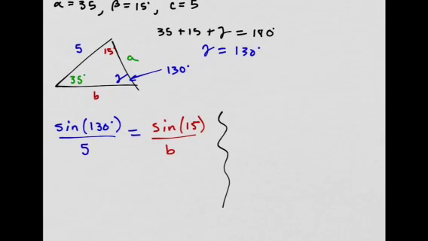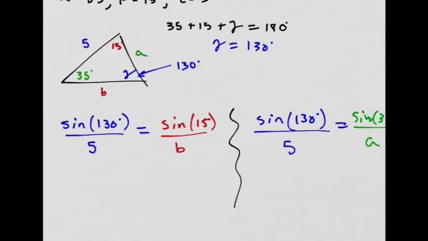And then I'm going to make another equation, sine of 130 degrees divided by 5 equal to the other one, sine of 35 over A. And then I can use that to solve for A. It's very simple.